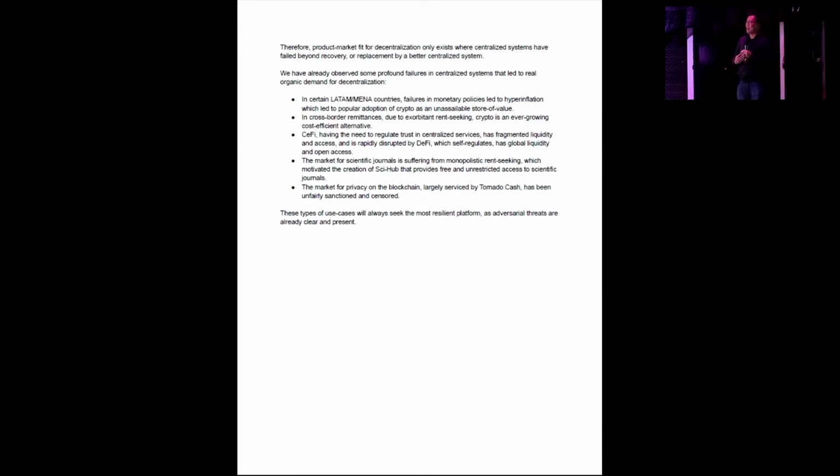As a store of value, once you start losing value of hyperinflated fiat currency, you also understand that you need something that is an unassailable store of value, that's guarded by decentralization, right? In cross-border remittance, some of the pathways are really expensive, 20 to 30% of the amount of money you're trying to transmit, and that's rent-seeking behavior.